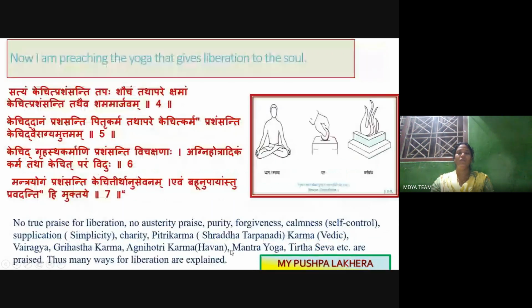Okay. So what different opinions are given here according to Lord Shiva: no true praise for liberation if you are doing only that. If you think that you know the true knowledge, that will not give you liberation. No austerity will give you that higher state, no purity and no forgiveness.